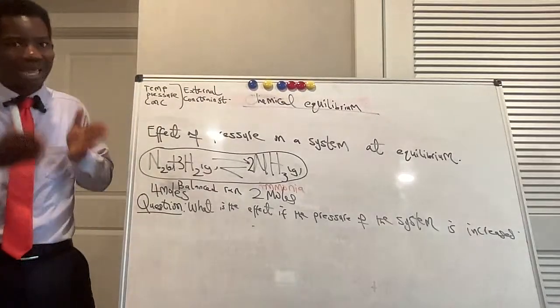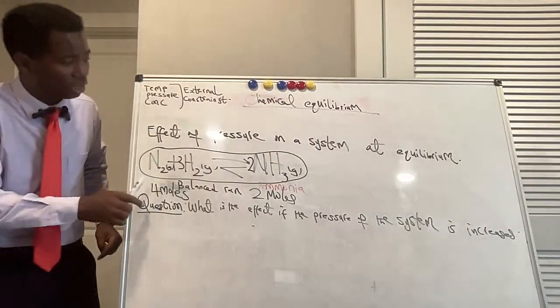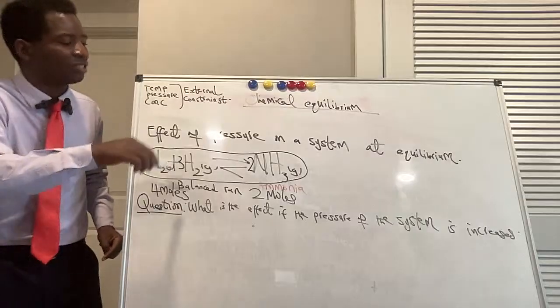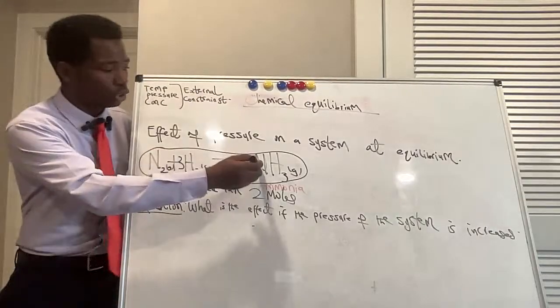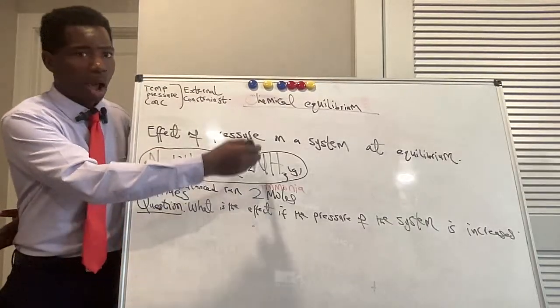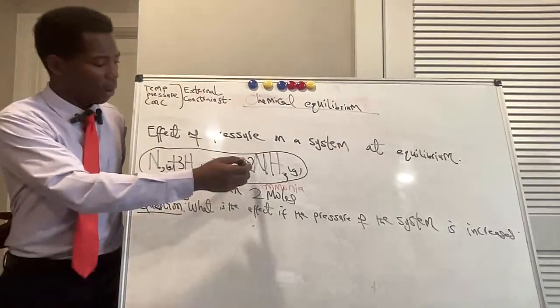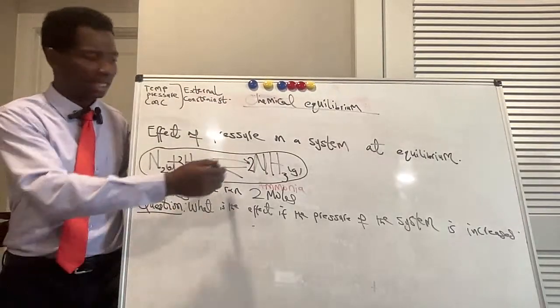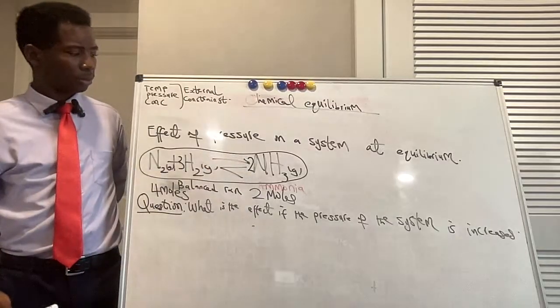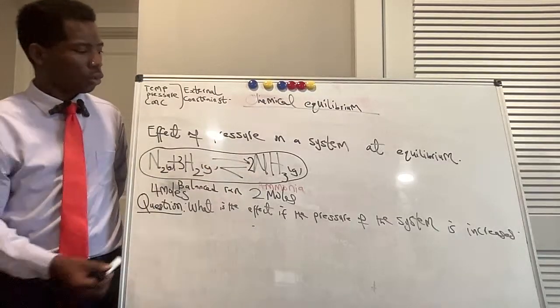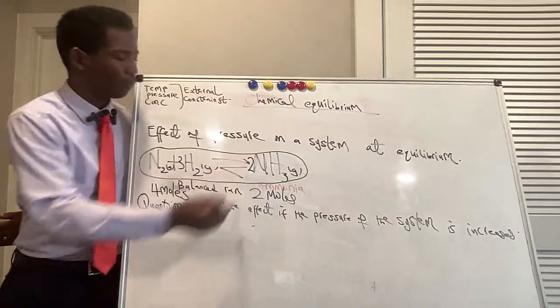In a reaction at equilibrium, when the pressure is increased, it favors the side with fewer moles, thereby producing more ammonia. So more ammonia will be formed.